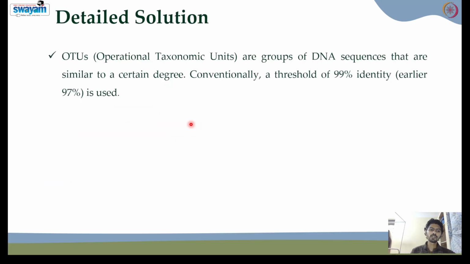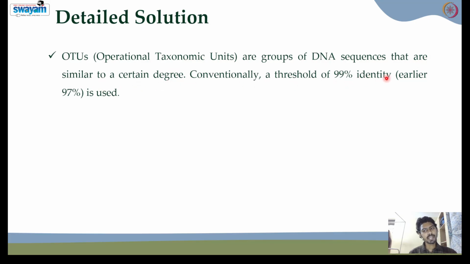Why? Before that, we have to understand the term OTU, which is Operational Taxonomic Unit, where we are more concerned with DNA sequence. And in the earlier lecture also, we have described many OTUs. So they segregate the DNA sequences based on their identity, that is, they are similar to a certain degree.